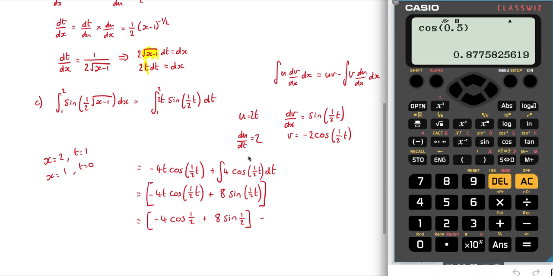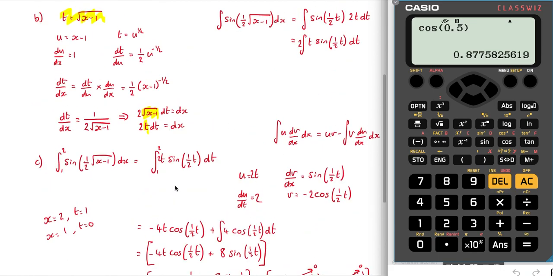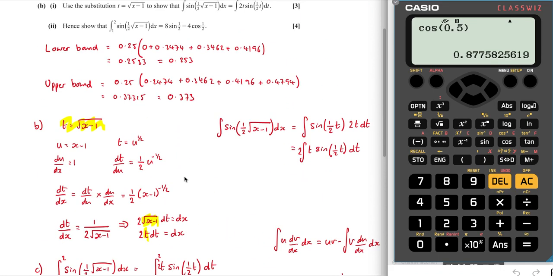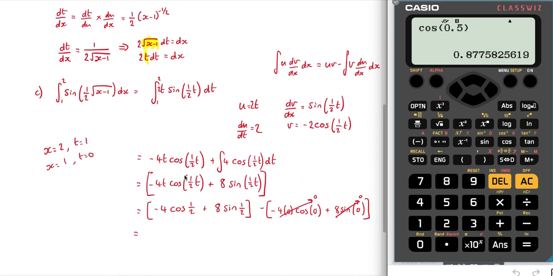I better do it because it's to show that. Minus 4, lots of 0, cos of 0, plus 8 sine of 0. That will go to 0, which gives me, hopefully, 8 sine a half minus 4 cos a half.